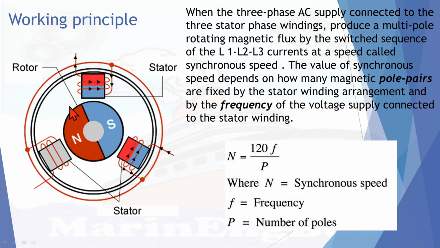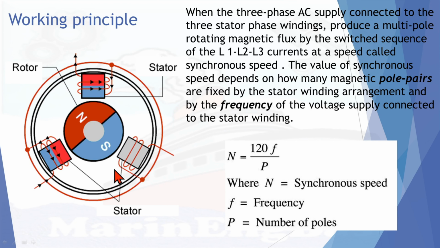Now, as this stator rotating magnetic field rotates, the south here will attract the north part of the rotor. Again the south attracts north here also. So this rotating magnetic field of the stator will always try to pull the rotor into that pole. It keeps continuing, which allows the motor to rotate.